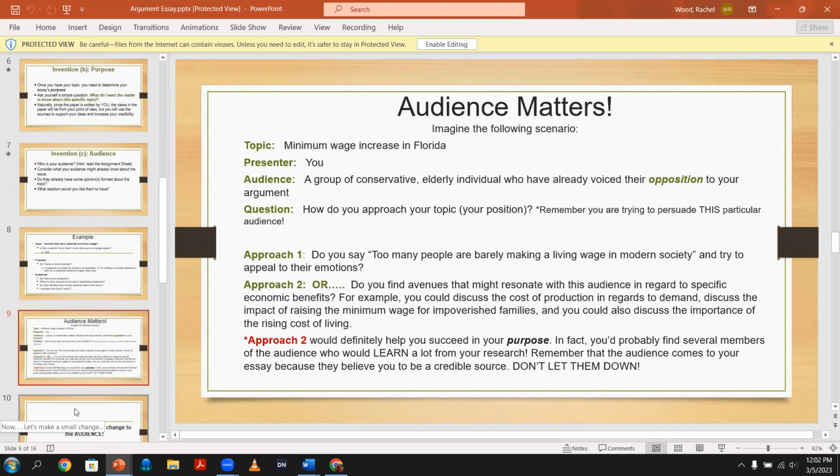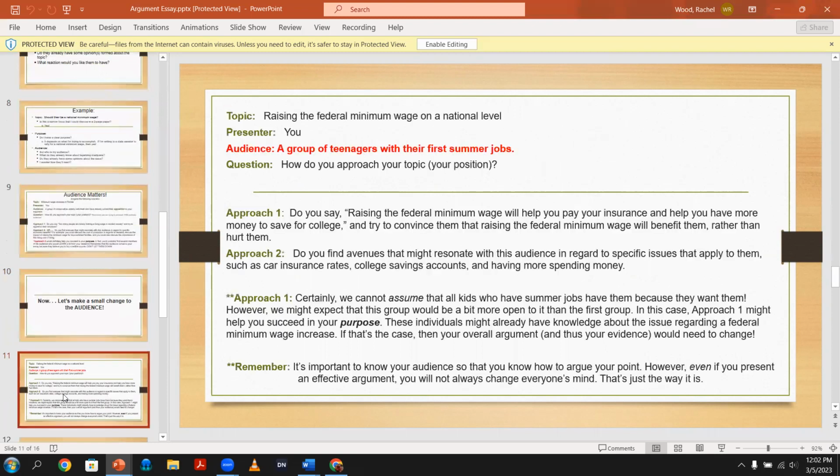So if you change your audience from a minimum wage increase in Florida to a group of conservative elderly individuals who have already voiced their opposition, if you change it and you go with a bunch of teenagers with their first summer jobs, it will really change things, because you have to know your audience in order to argue your point. Even if you present an effective argument, you will not always change everyone's mind.